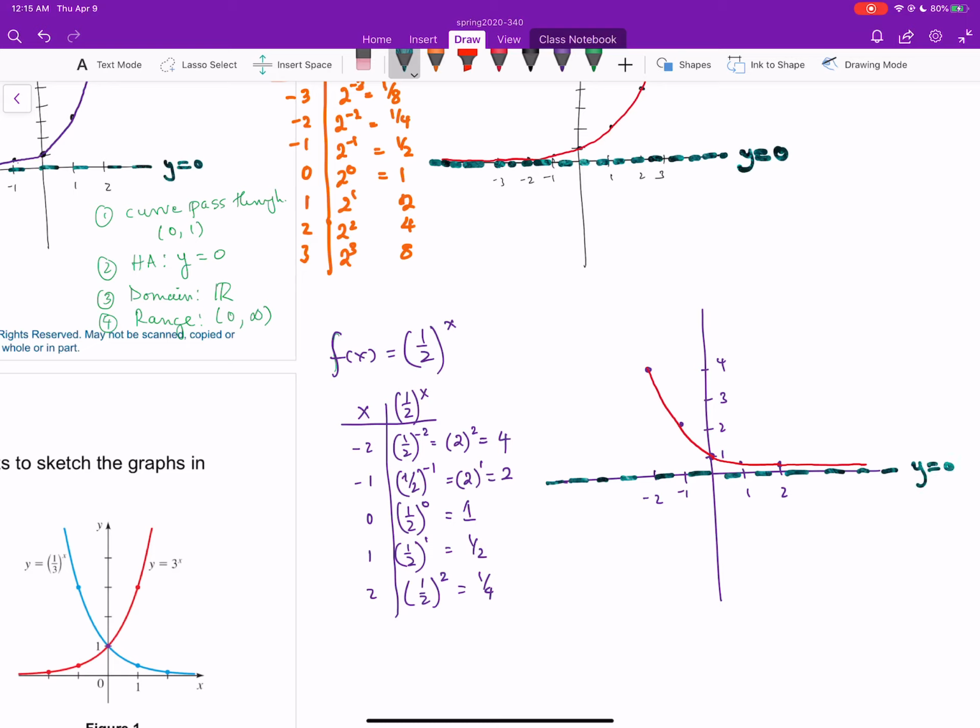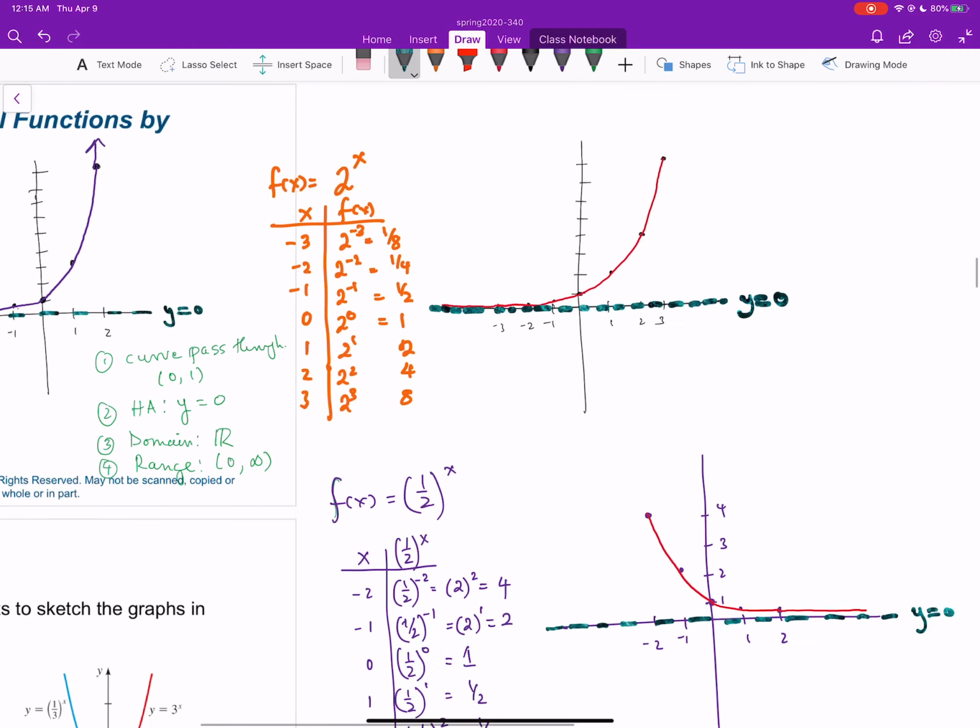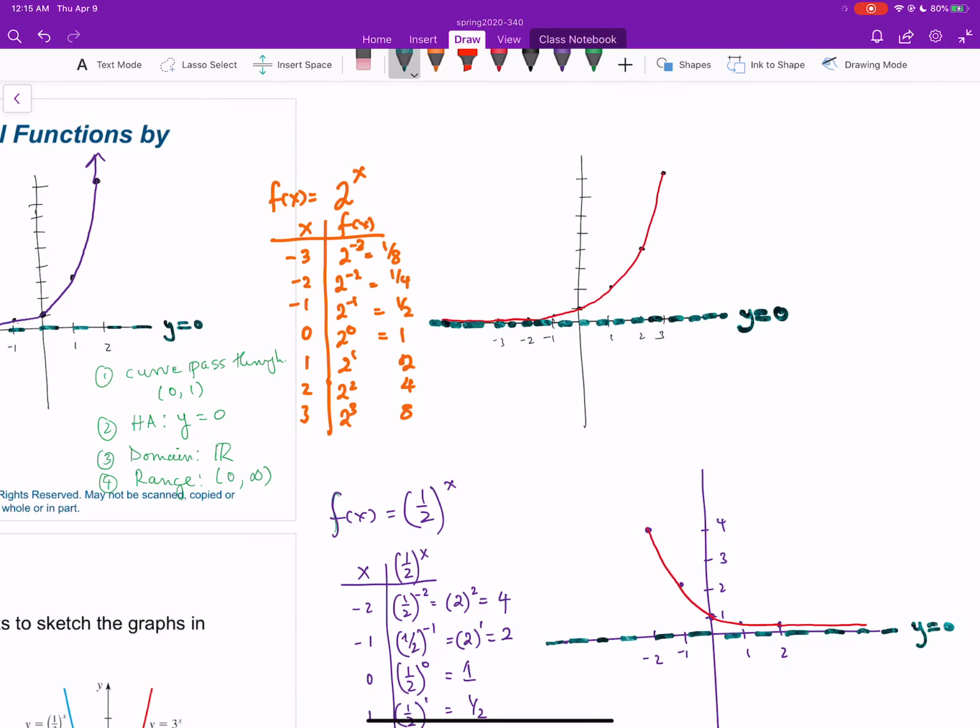And so let's see what's happening. It looks like if you have a whole number and not a fraction, you are always increasing from left to right.